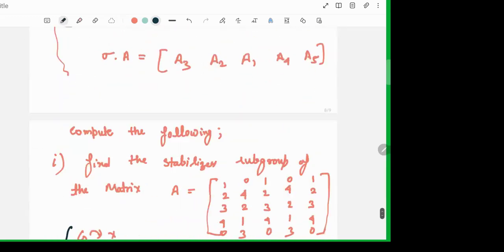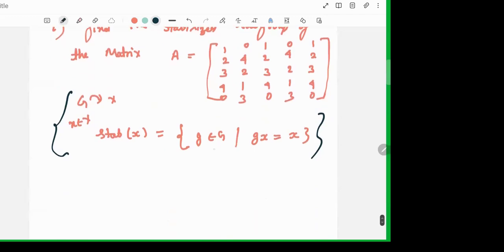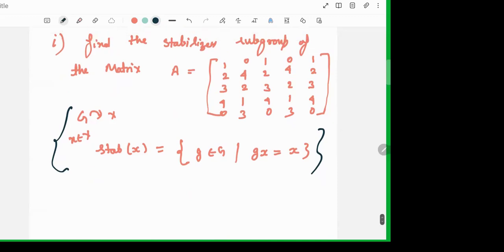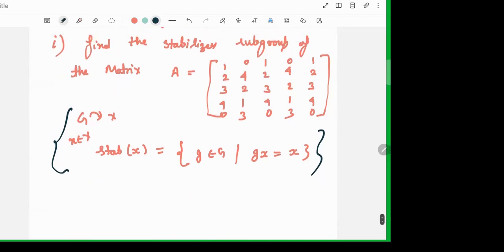So now you have to find all possible elements which are fixing this element A, right? So how are you thinking about this? You are doing this for the first time, so this is good for you, because otherwise this is obvious. You can think. So g dot x, you need sigma dot x is x basically.